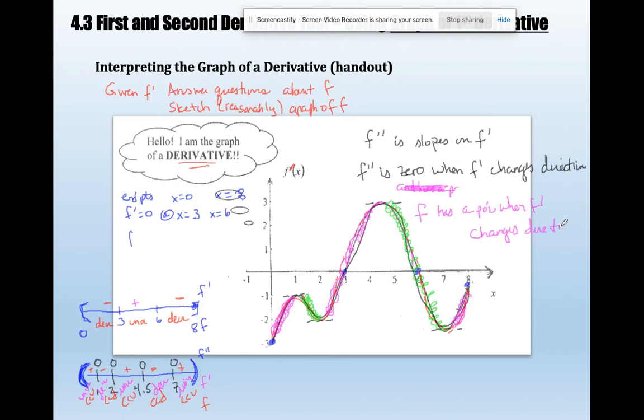If you have the graph of the first derivative, you can use it for everything.